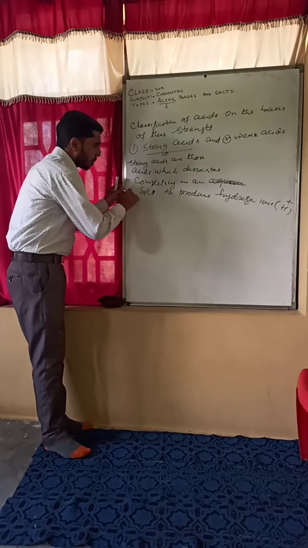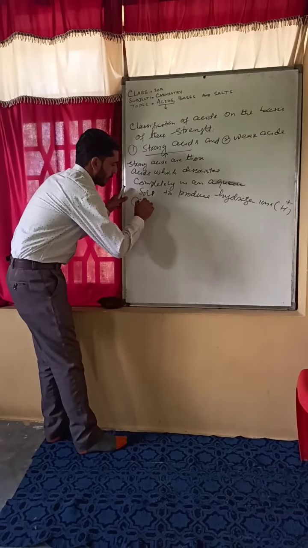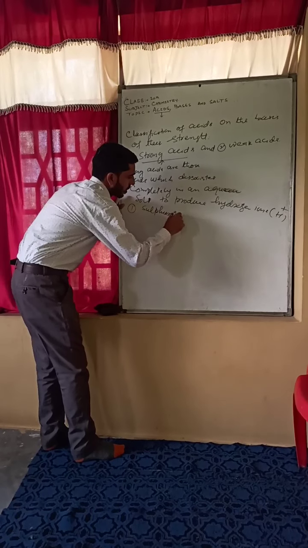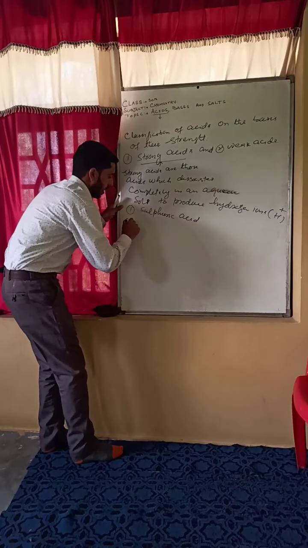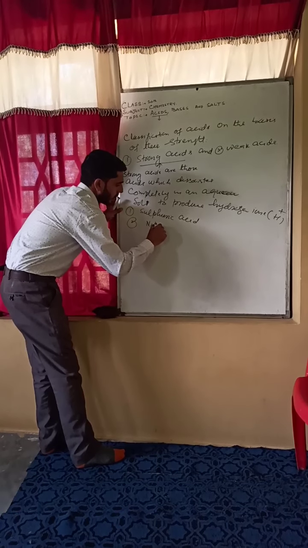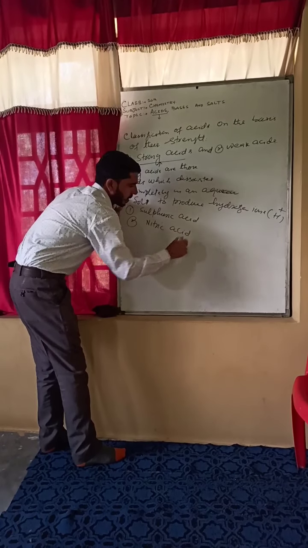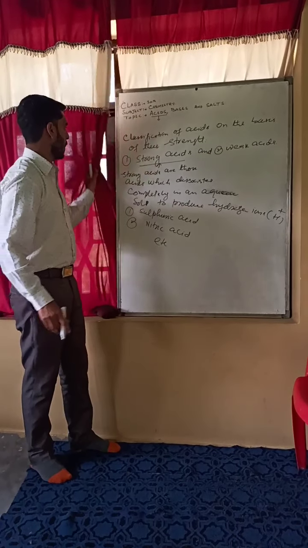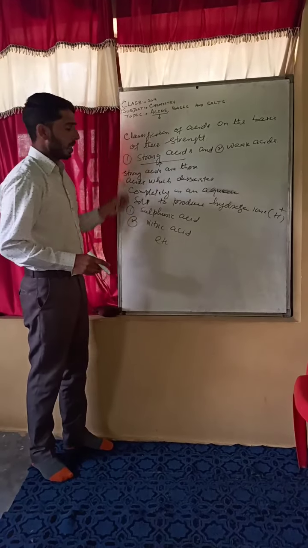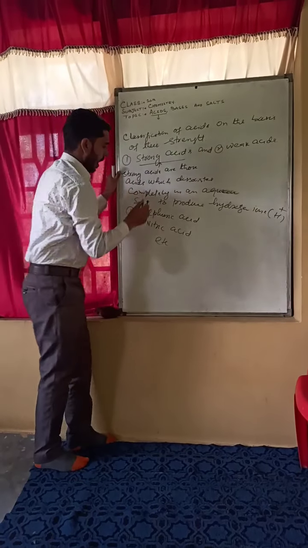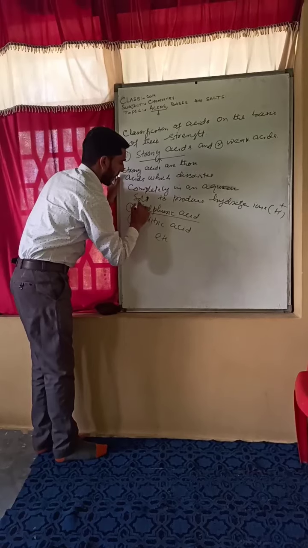There are many examples of strong acids. The first strong acid is sulfuric acid. Then we have nitric acid. Clear? These are two best examples. But my dear students, I want to add one more point about sulfuric acid.